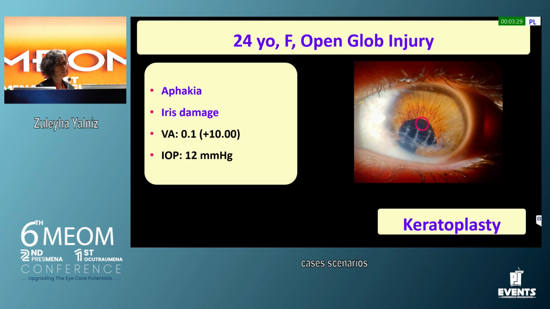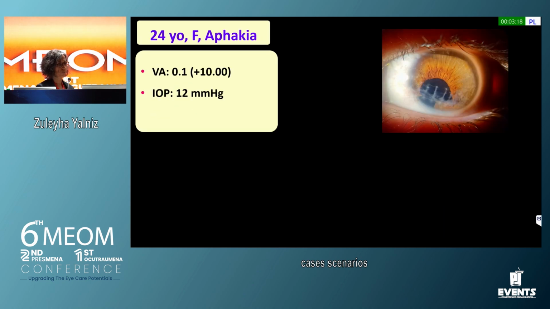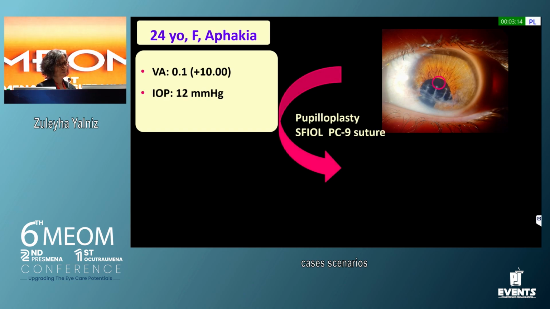And we have to make a decision. There is a clear central cornea, and we decided not to do keratoplasty at that point. And we proceeded with pupilloplasty and scleral fixation.